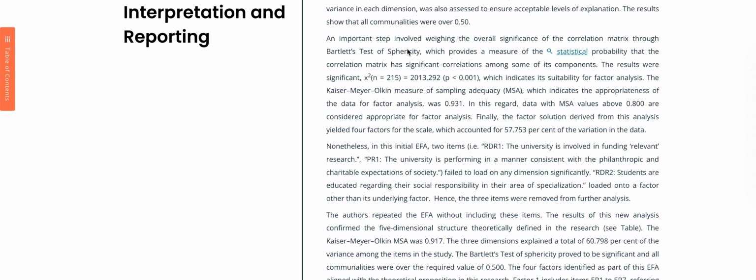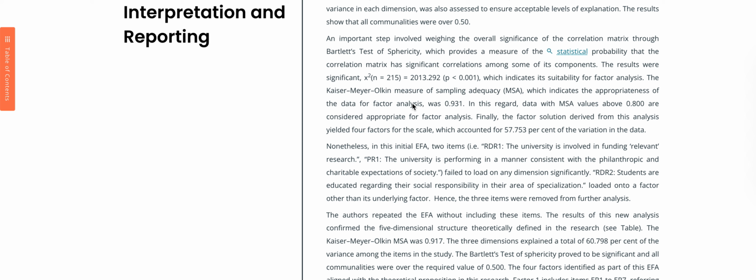An important step involved weighing the overall significance of the correlation matrix through Bartlett's sphericity test, which provides a measure of the statistical probability of the correlation matrix, that is, significant correlation among some of the components. The result was significant: chi-square, n equals 215, equals 2013.29, p less than 0.001, which indicates it is suitable for factor analysis.